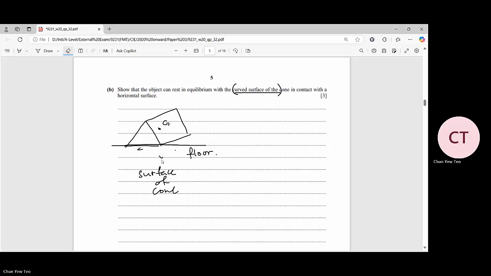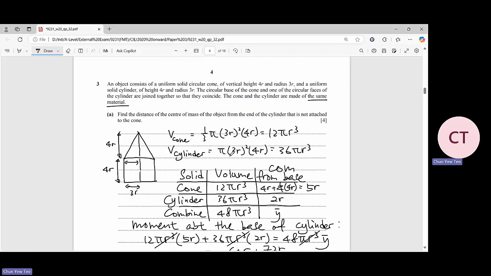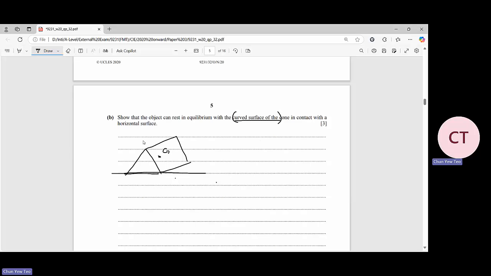Okay, so what should we do now? We need to write down some letters over here. Let me call this one O, this one A, and this one G. Okay, so we have OA.